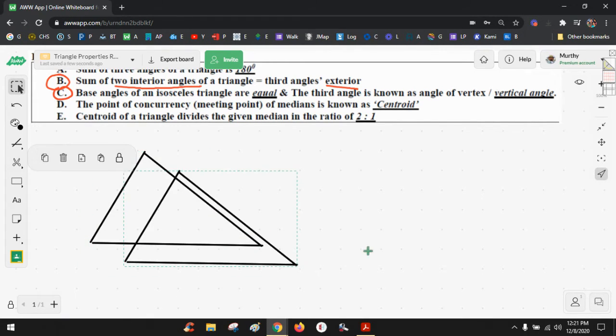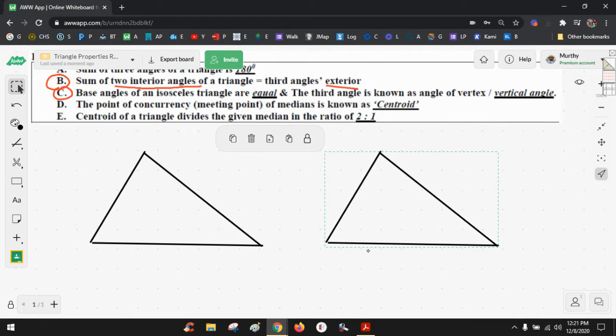Okay, so let me duplicate this one. Let me label the parts. This is A, this is B, and this one is C. I'm once again taking the same triangle ABC.